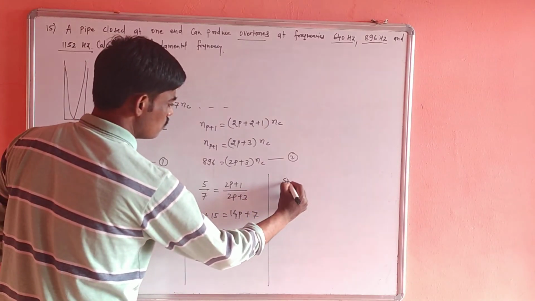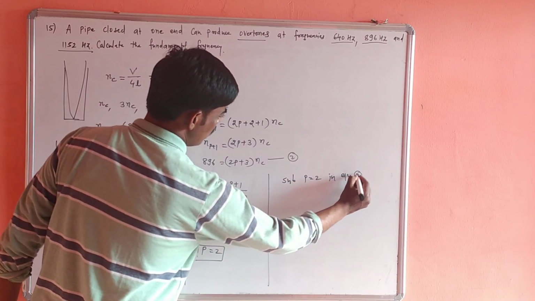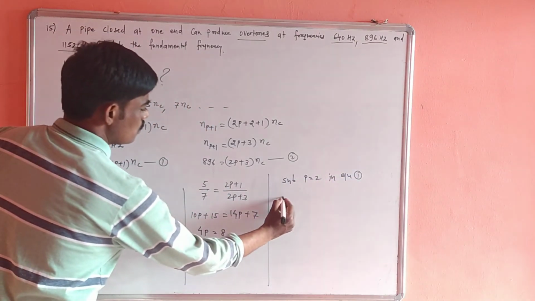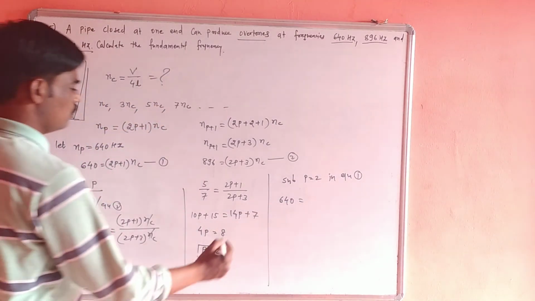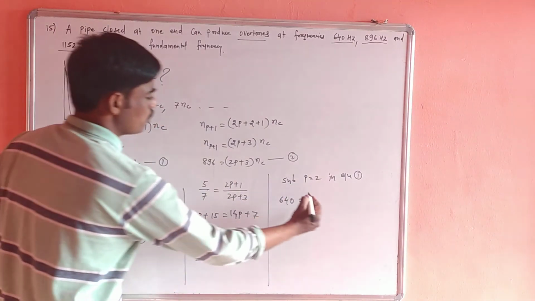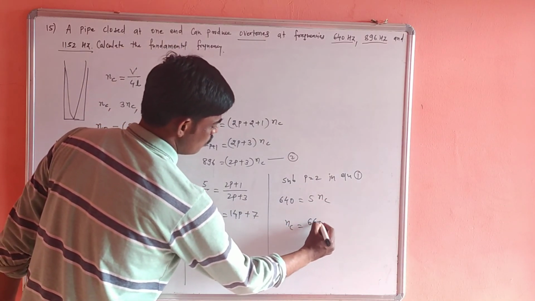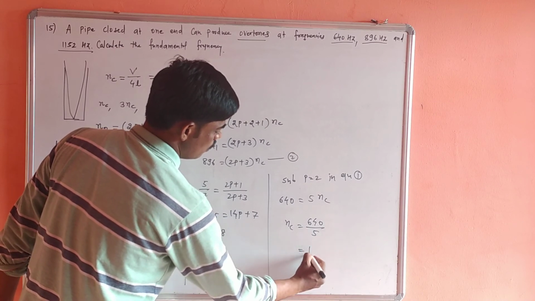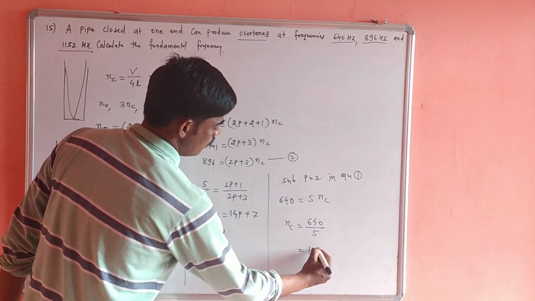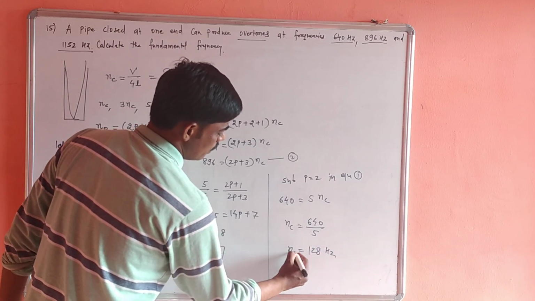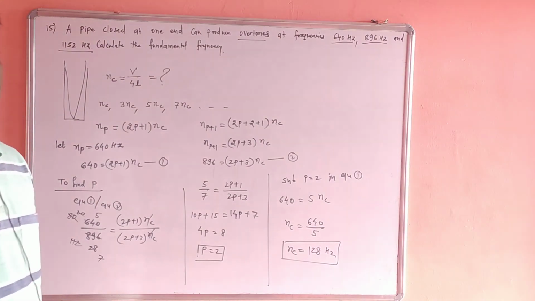So substitute P equal to 2 in equation 1. 640, now P is 2, so 2 into 2, 4, 4 plus 1, 5. 5 times NC. So NC is equal to 640 upon 5, which is 128. So the fundamental frequency of vibration of this closed pipe is 128 Hertz.